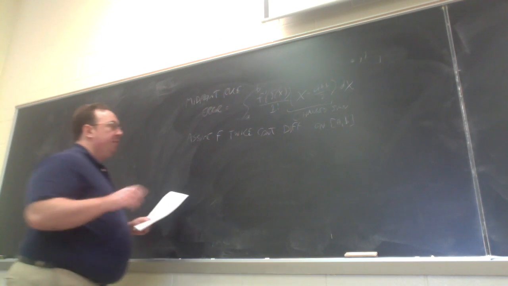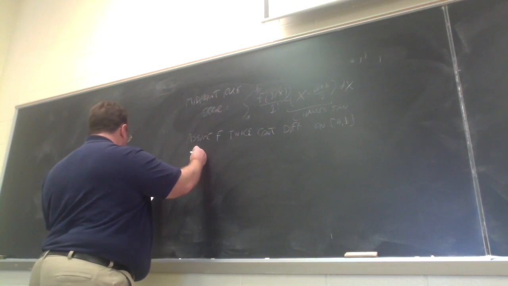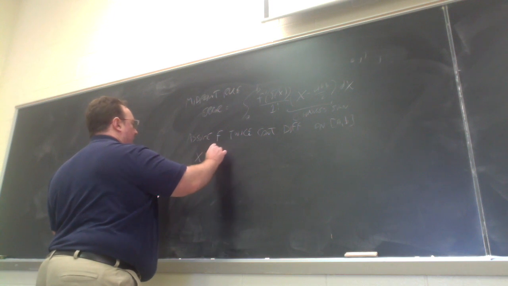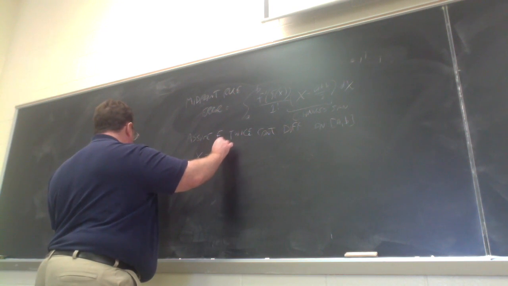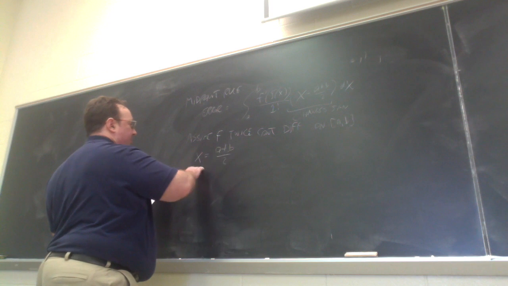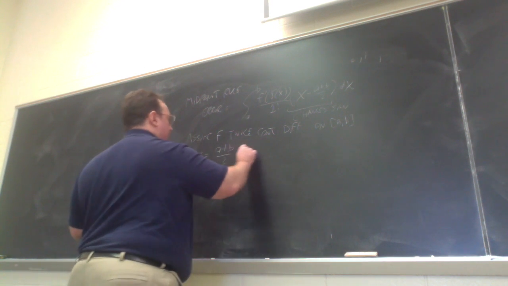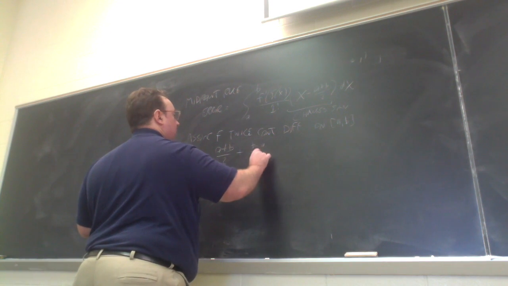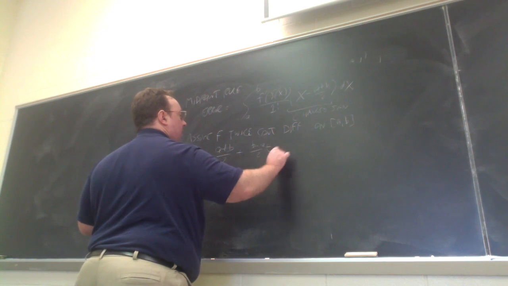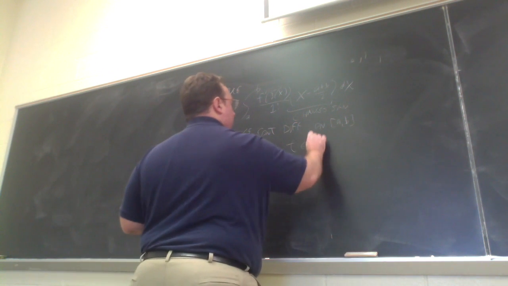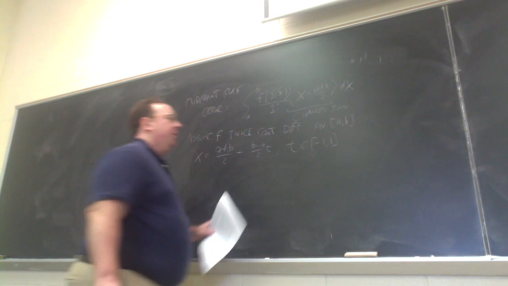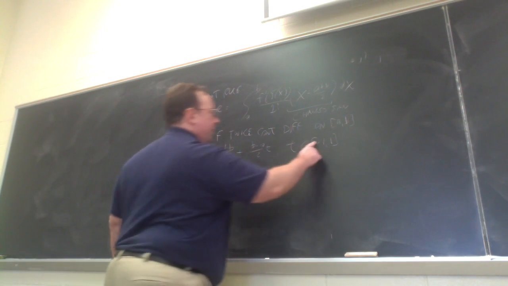And then I'm going to make a change of variable for convenience, from x being in the interval [a, b] to t in the interval [-1, 1], just for concreteness' sake.